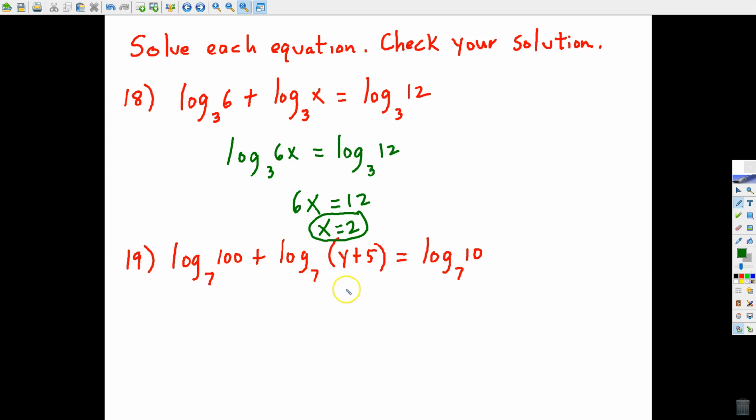Okay, so let's try number 19. First of all, I'm going to take these two logs, base 7, on the left side of the equation, and I'm going to write them as a single log using multiplication. So I multiplied 100 times y plus 5.